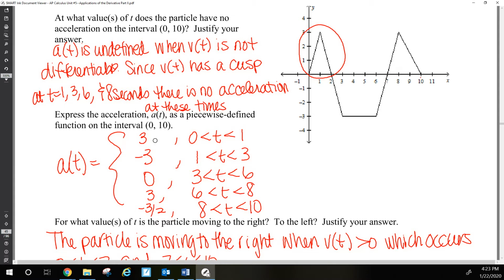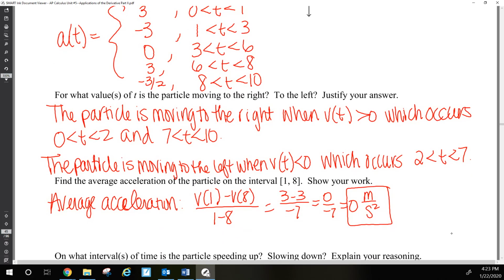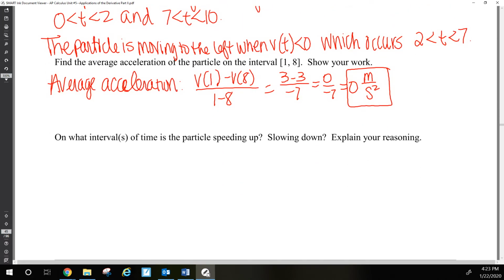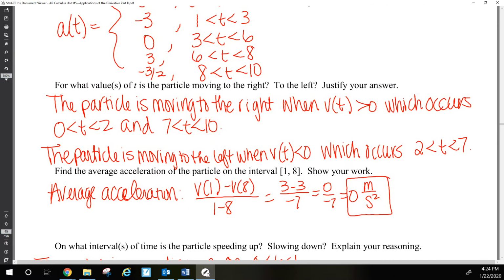That's when my acceleration is positive and my velocity is positive. So we can say the particle is speeding up on 0 and 1.